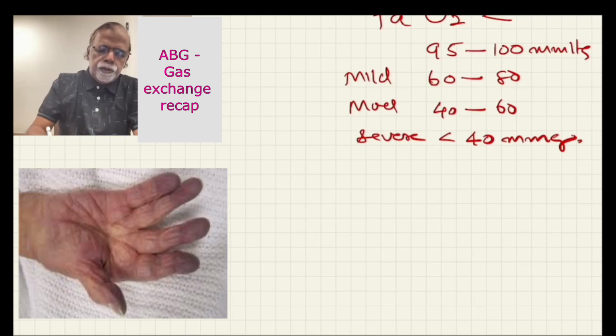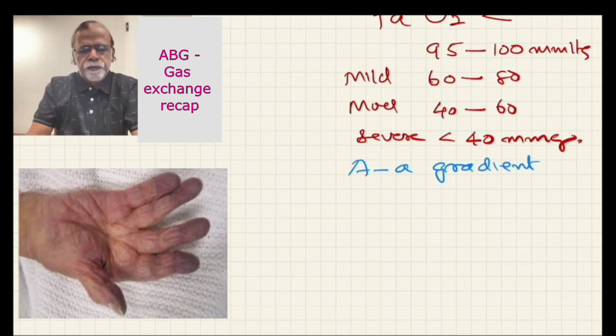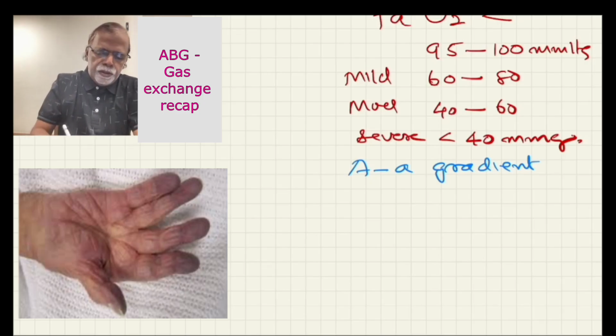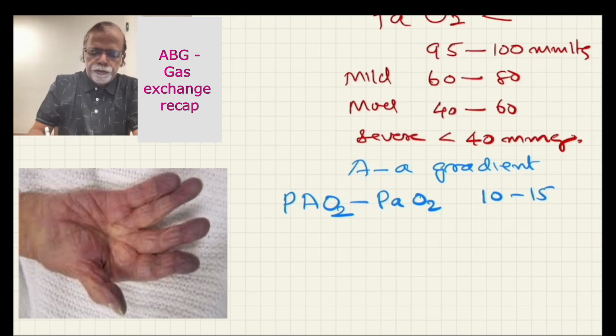Now we go into the calculation of AA gradient, which we discussed with examples last time. Simply by using the gas equation, we can identify the alveolar PaO₂, written as capital letter PAO₂, minus PaO₂, that is arterial. It is normally 10 to 15.